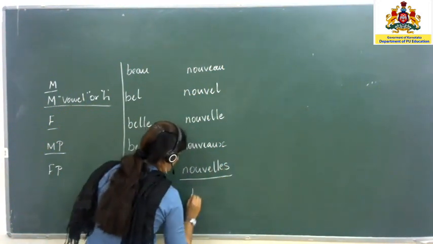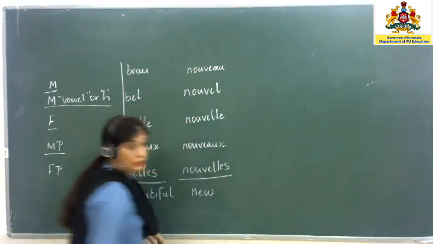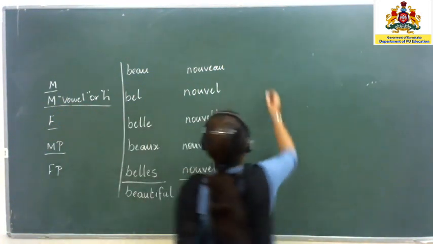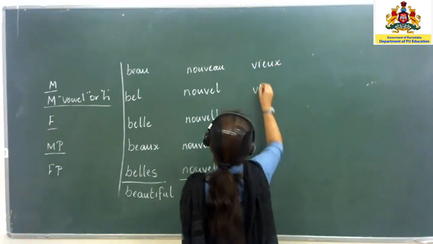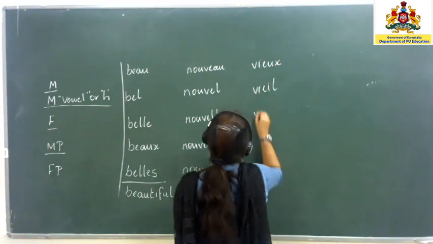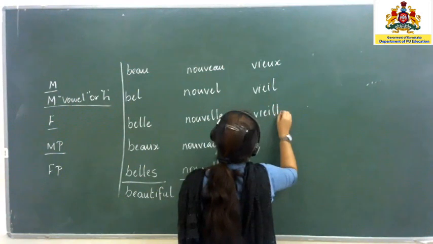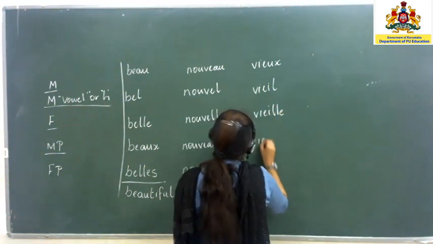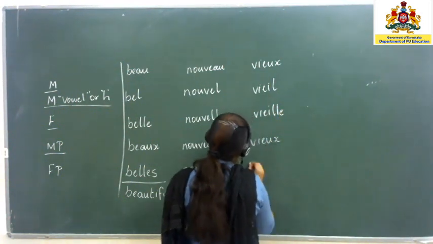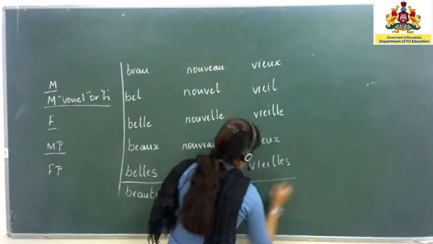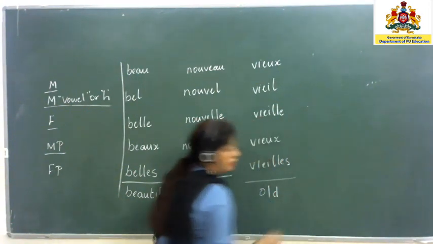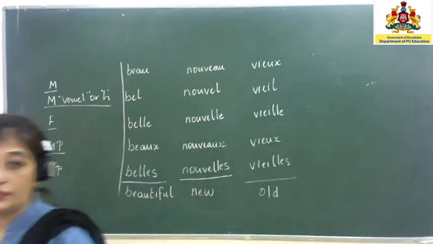All the 5 mean new. The next one is vieux, vieil, vieille, vieux, vieilles. The masculine and the masculine plural remain the same, and it means old. There are some more, but we will be only covering these 3 adjectives.